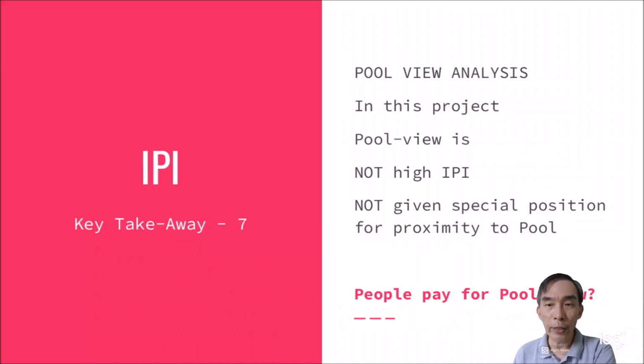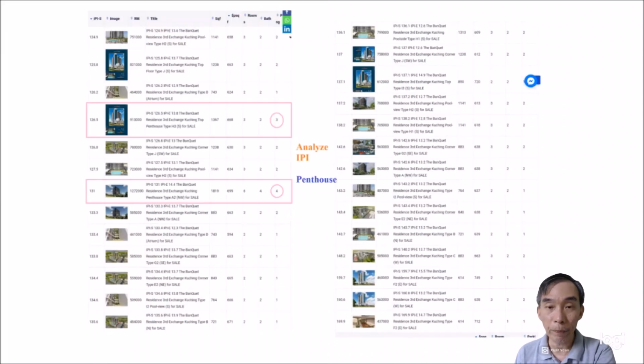So the pool view analysis on the project is that it's not a high IPI and not given special position for proximity to the swimming pool. So it is still a questionable aspect of whether people pay money for a pool view condominium.